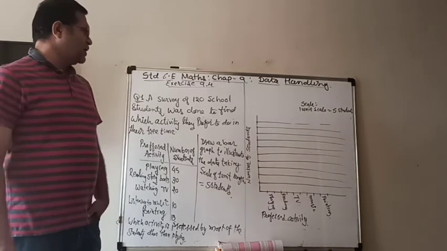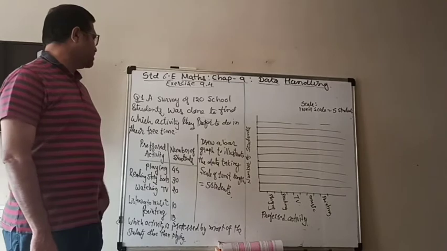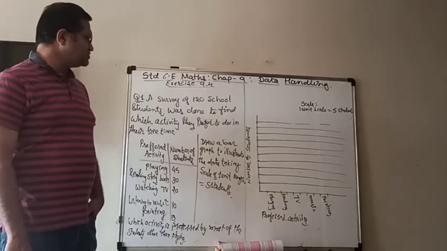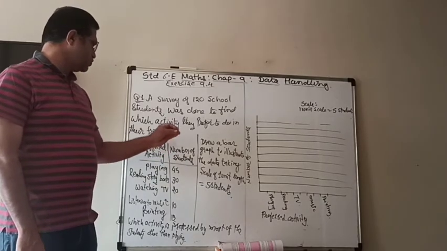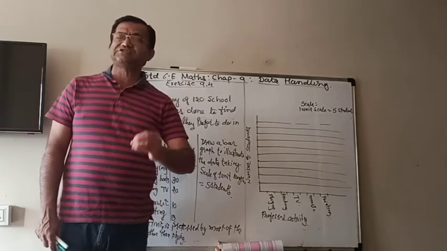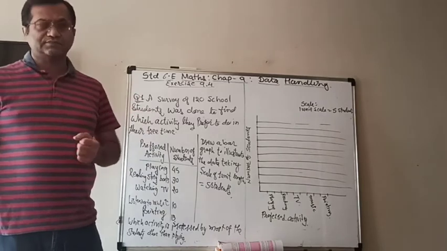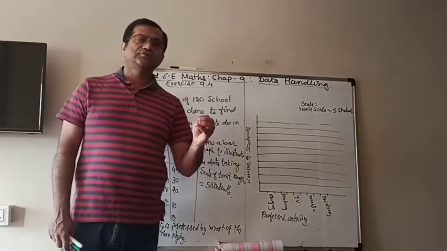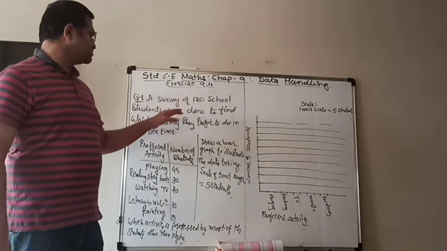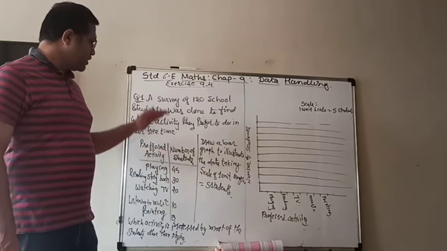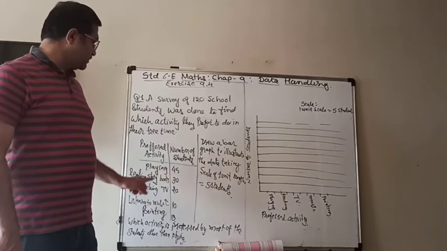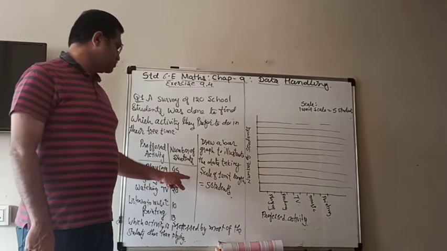Here a survey of 120 school students was done to find which activity they prefer to do in their free time. So they were asked the question, which activity do you like to do when you are having free time. 120 students were asked that question, and from that they found out the data here that in playing 45 students.